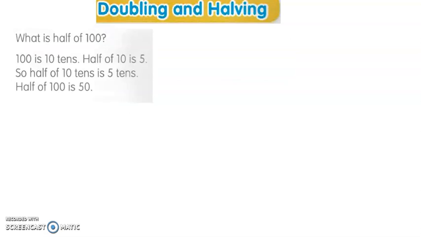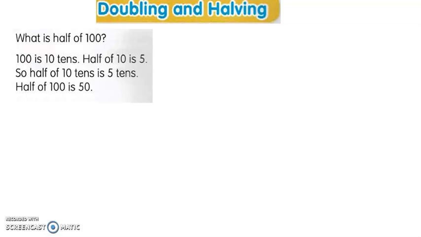Okay, we have here another question. What is half of 100? Actually, how many tens are in 100? We have 10 tens, which means half of 10 is 5. So half of 10 tens is 5 tens, right? So as a result, half of 100 will be 50. So I'll repeat this. We have 10 tens in 100.